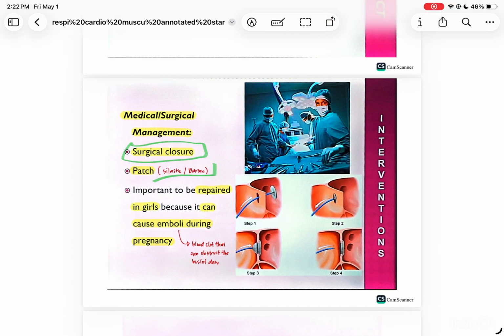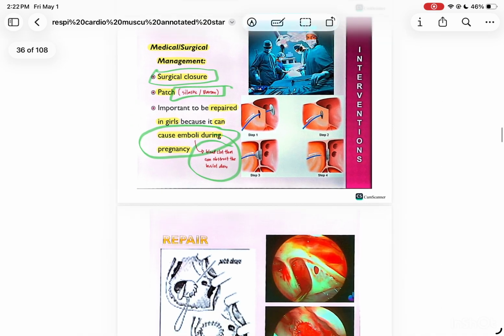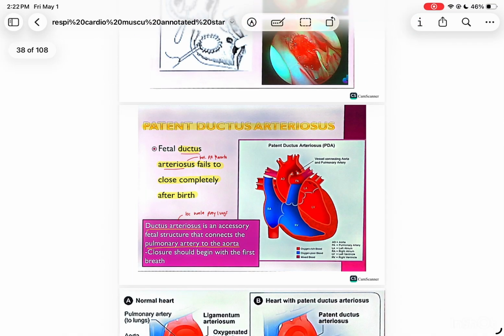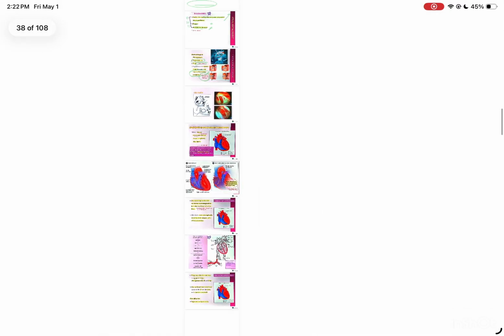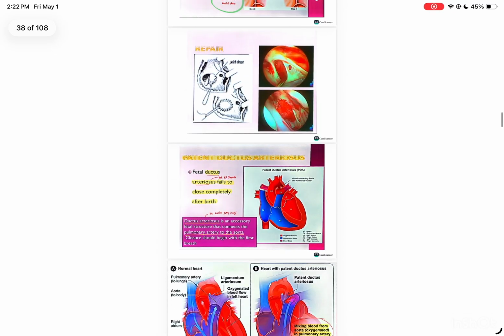For medical and surgical management, there is surgical closure with a patch, elastic or Dacron. It is important to repair in girls because it can cause emboli during pregnancy, or blood clots, that can obstruct. So this is how it is repaired.